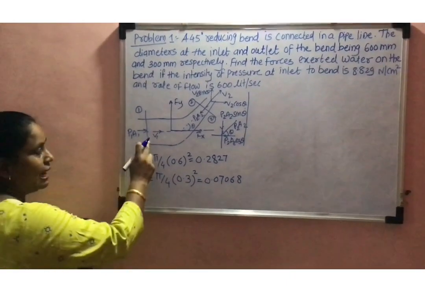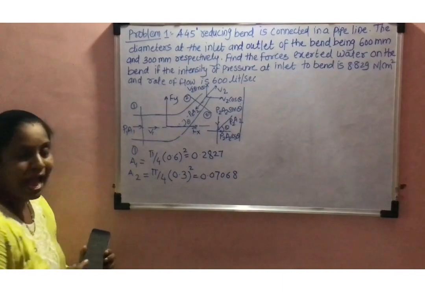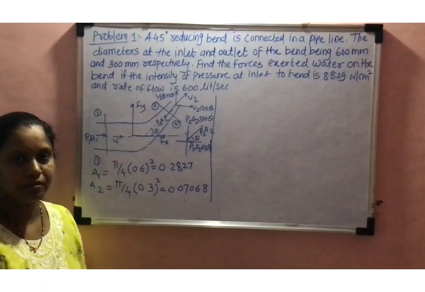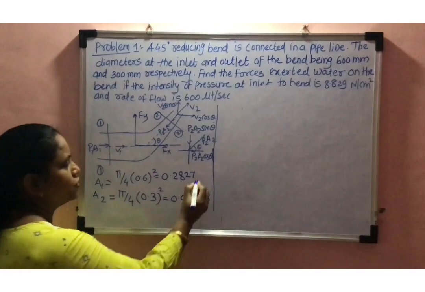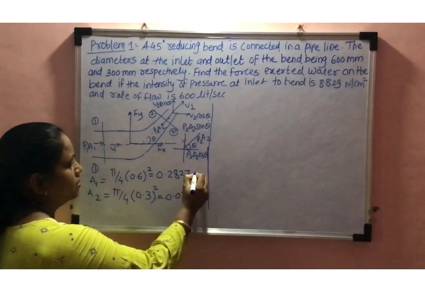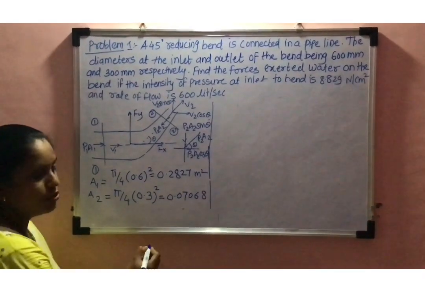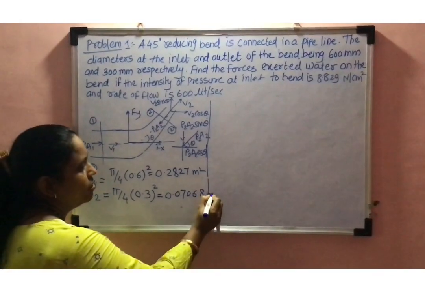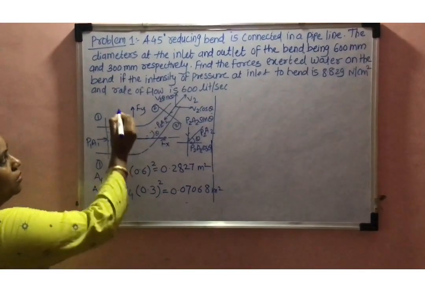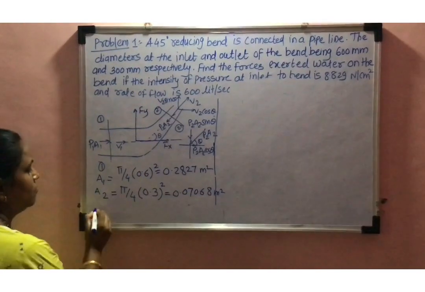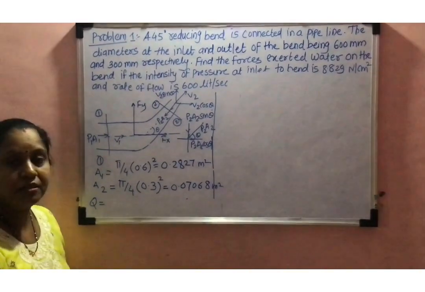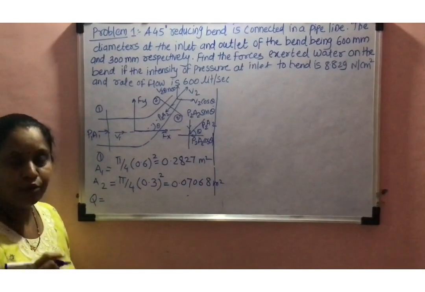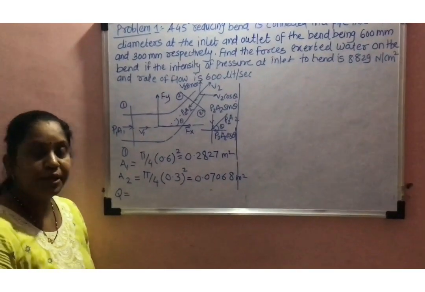After finding out the areas, we are going to find out the velocity at inlet and velocity at outlet. Here we got the area of cross section 0.07068 meter square. The rate of flow is given, that is discharge 600 liter per second. You have to convert it into meter cube.